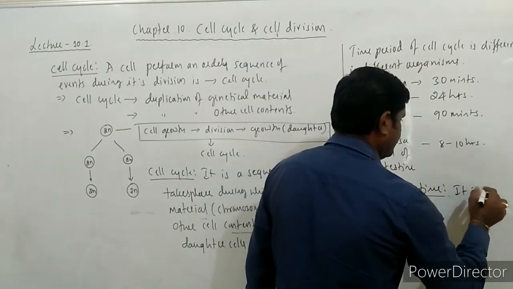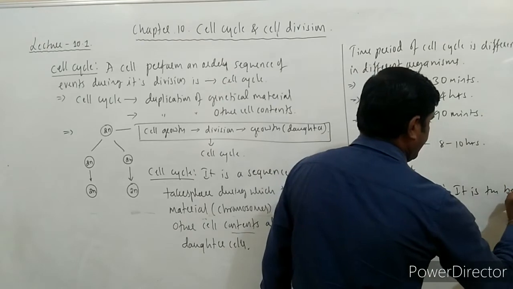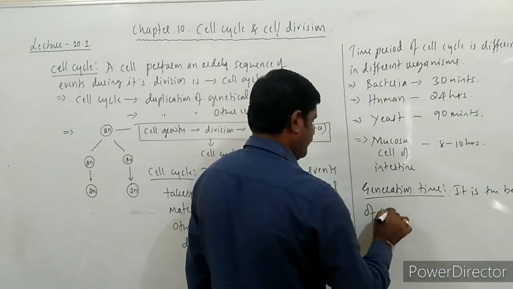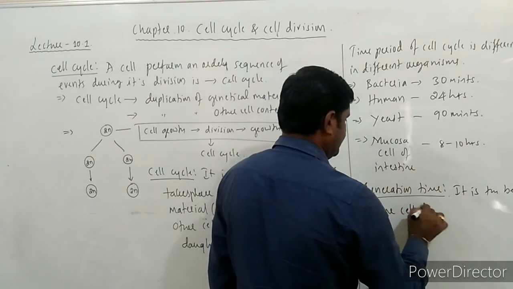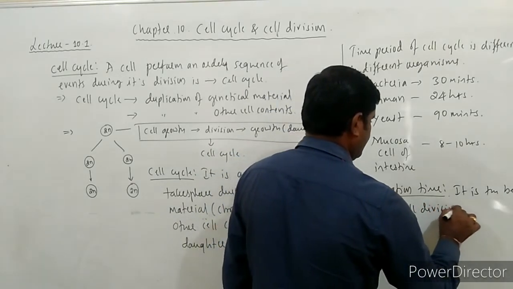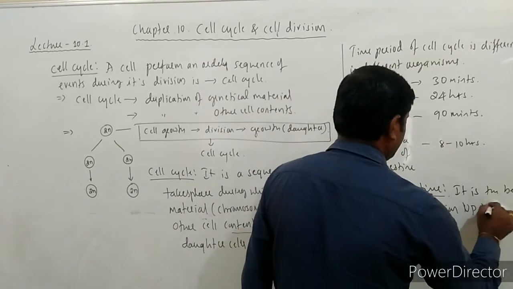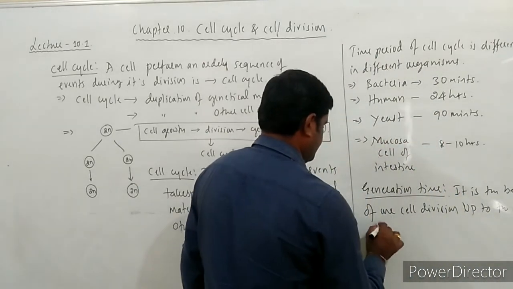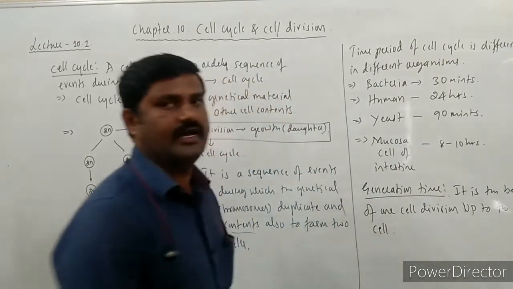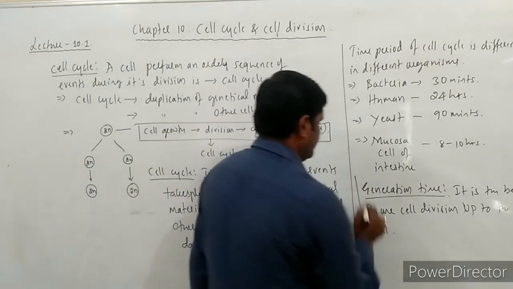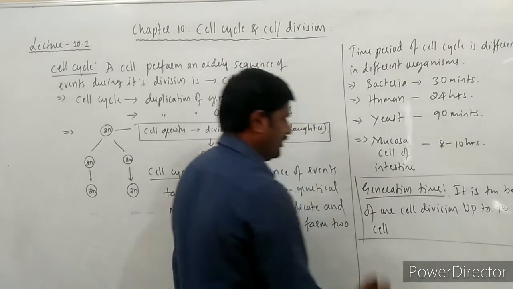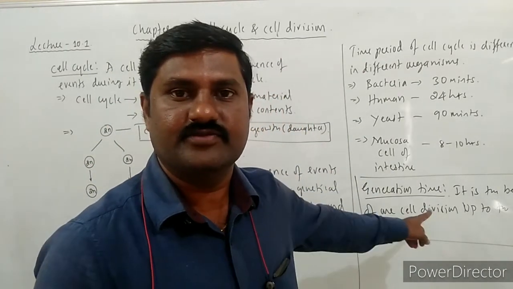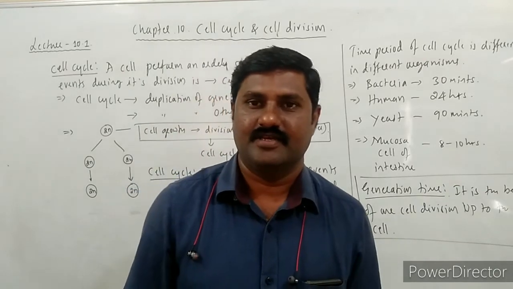It is the beginning of one cell division up to the next cell division. This is a more important aspect to be remembered. So generation time is very important here, right?